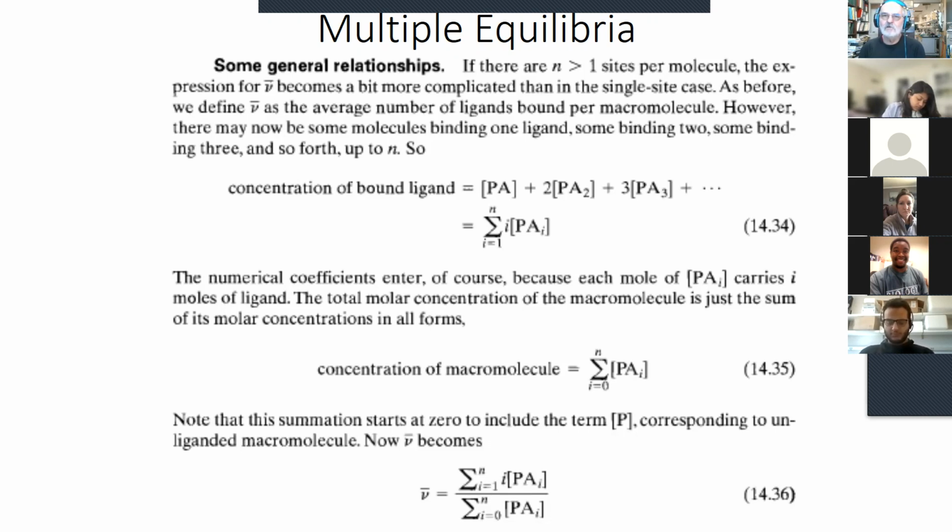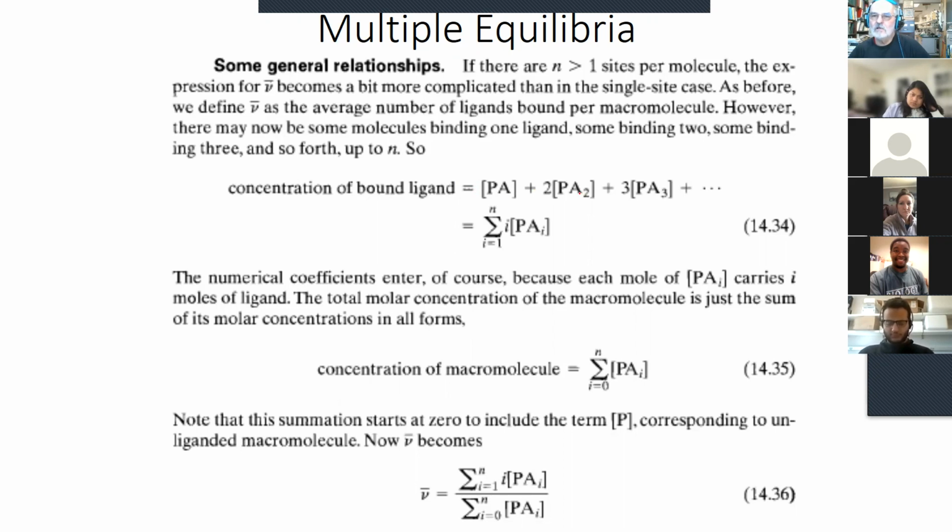For complete generality, we want to vary n. So we want to have more than one site. And when you have more than one site, the concentrations of bound ligand can be with 1 ligand bound, or 2 ligands bound, or 3 ligands bound. But the numerator is going to be the concentration of bound ligand. And so when it's a 1 ligand site, you multiply by 1.